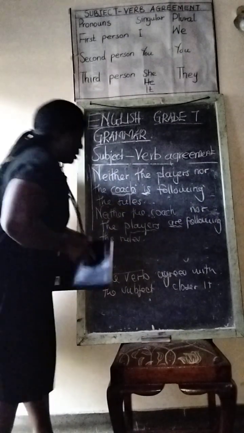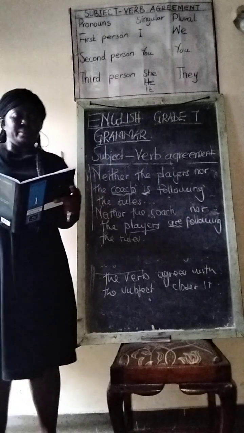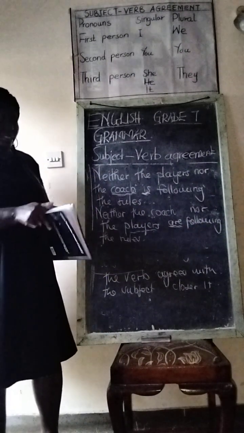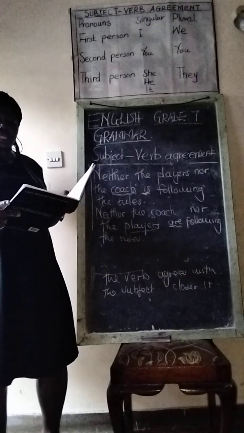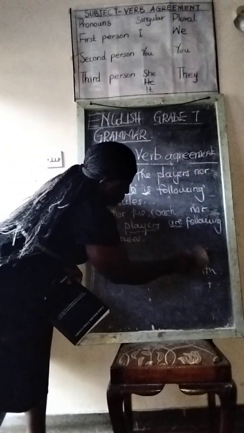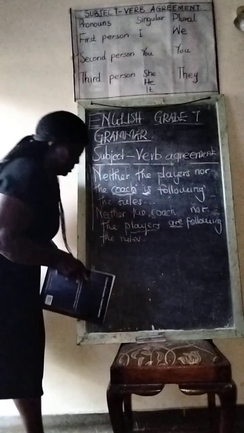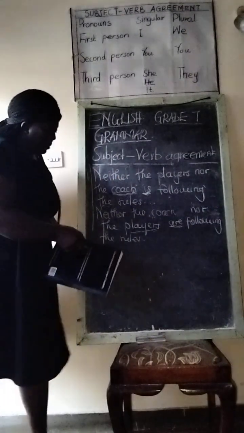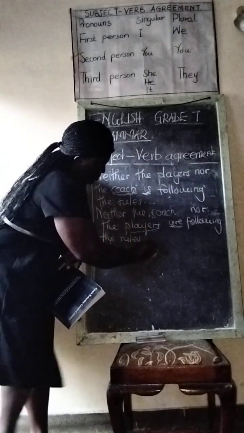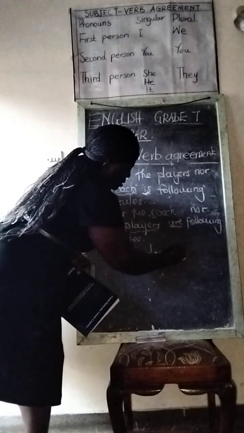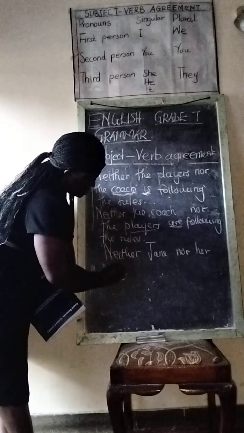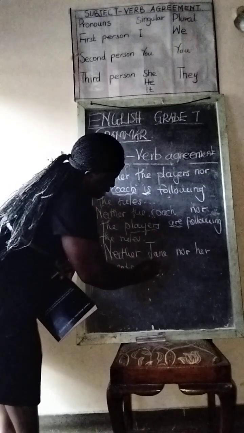Now let us look at another example. We can say neither Jane nor her parents eat meat.